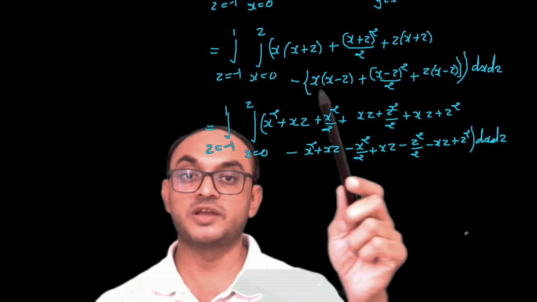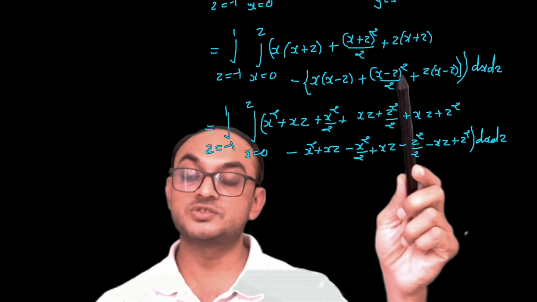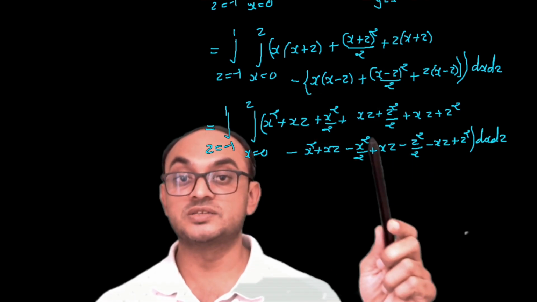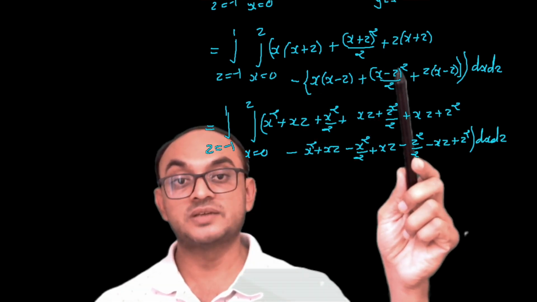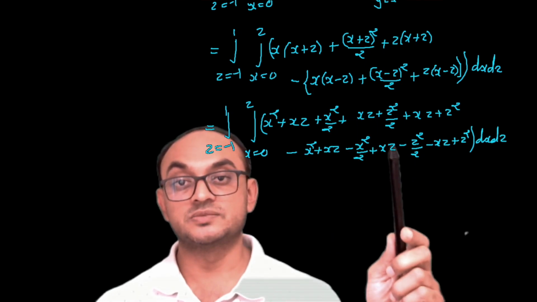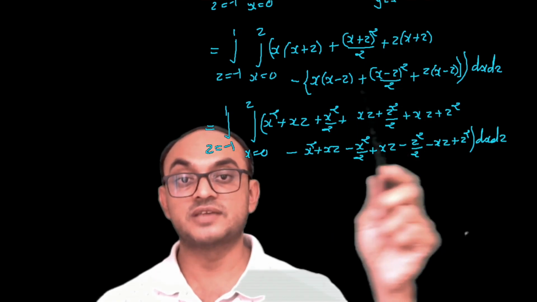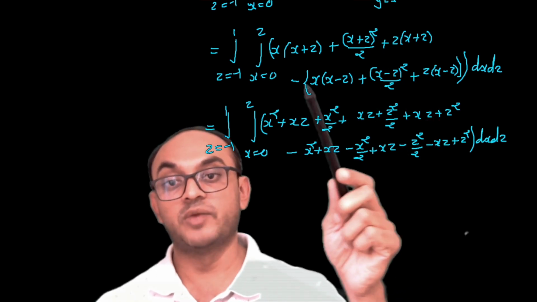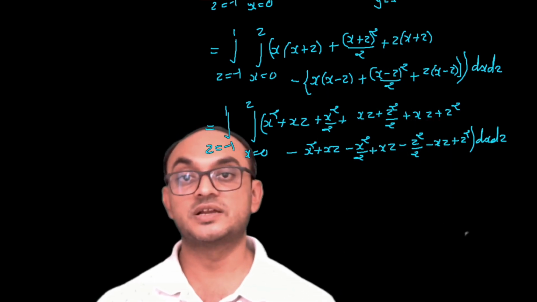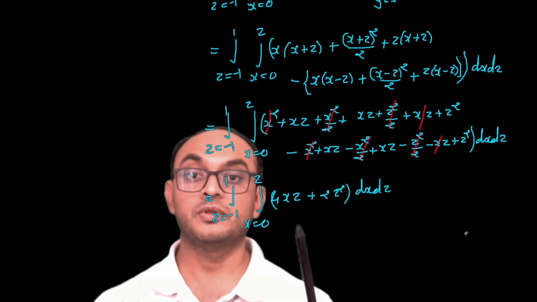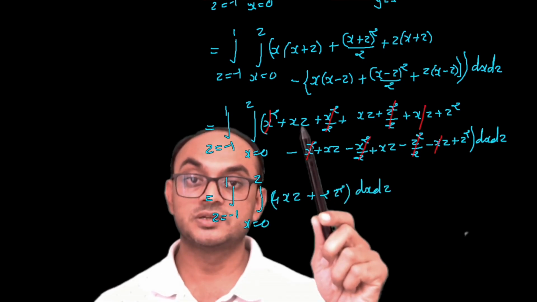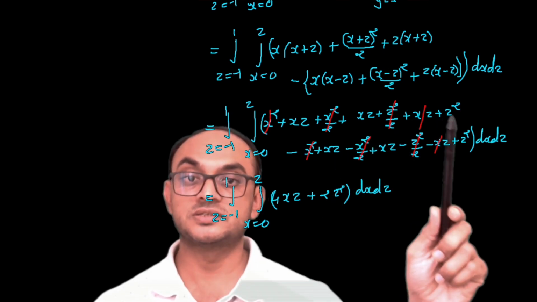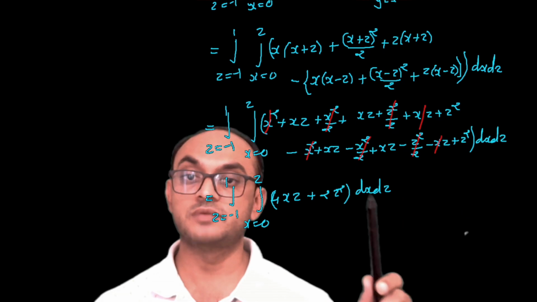Then x square by 2 with the minus sign, minus 2xz divided by 2 is minus xz, with this minus sign it is plus xz. Plus z square by 2 with the minus sign is minus z square by 2. Then xz with the minus sign and minus z square with the minus sign, which will be plus z square. After that I collect xz, xz, xz and xz, which is 4 times xz, and z square and z square, which is 2 times z square.